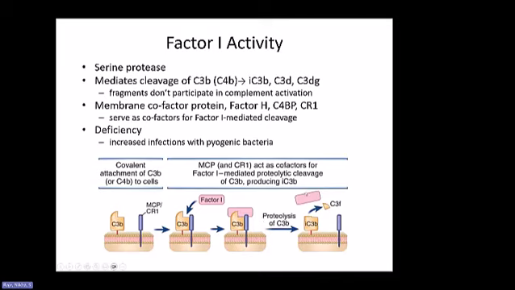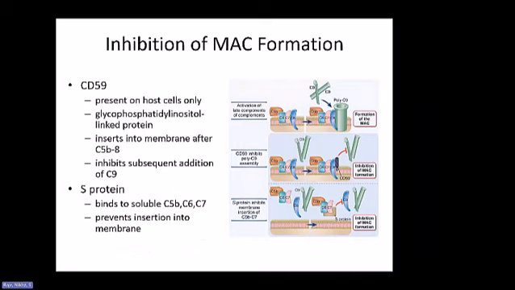So a factor I or factor H defect leads to atypical HUS, but if factor I is defective, there are increased infections. Inhibition of MAC formation: CD59 and S protein help in preventing formation of the membrane attack complex, and S protein helps in preventing insertion into the membrane.